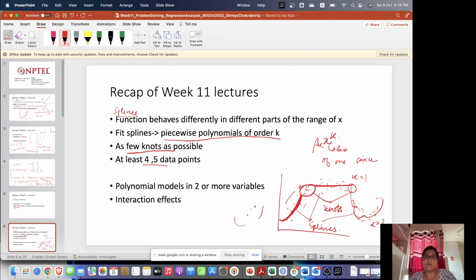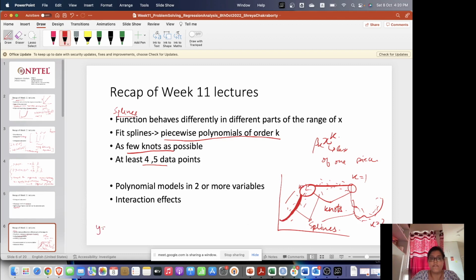We also learned about polynomial models in 2 or more variables. For example, this is a polynomial, and it could also include a linear term, so I'll rewrite it.